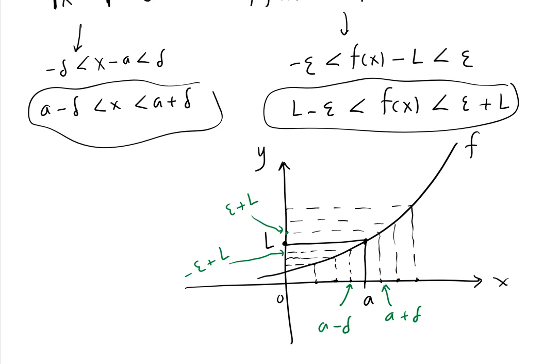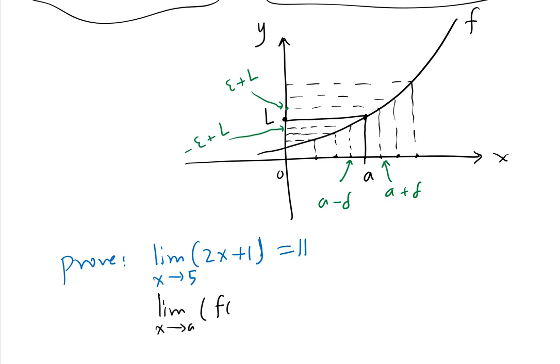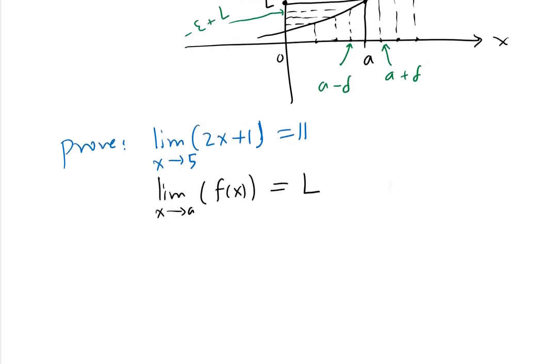Now to apply this to an example, to see how you work out problems, let's say we are asked to prove the limit of 2x plus 1 as x approaches 5 is 11. So this looks like the limit as x approaches a of the function f of x is L. How is this done?